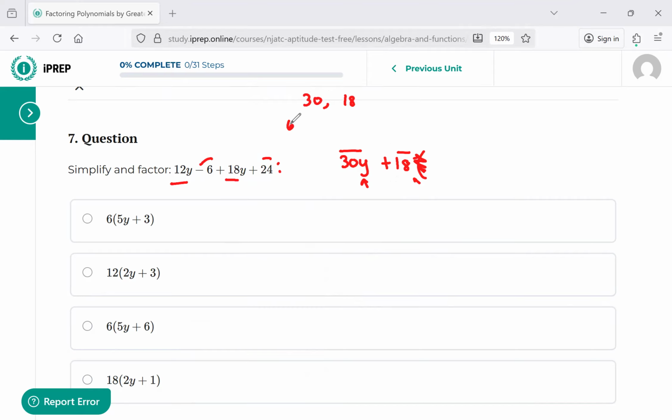Can we go any higher? No, we can't go any higher. What about 18? Is 30 divided by 18 nice? No, it's not.